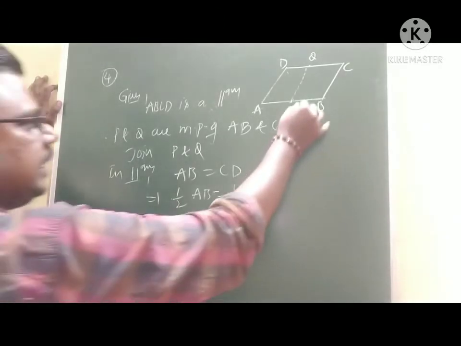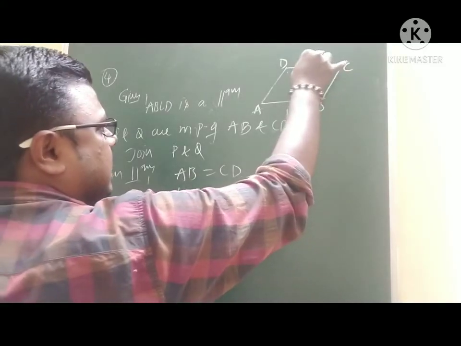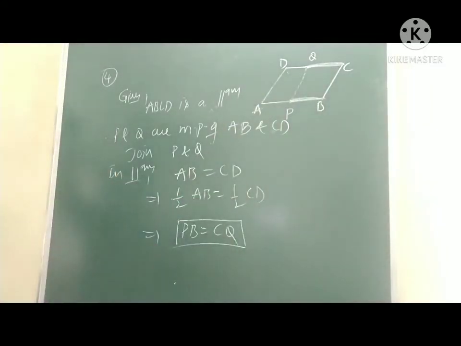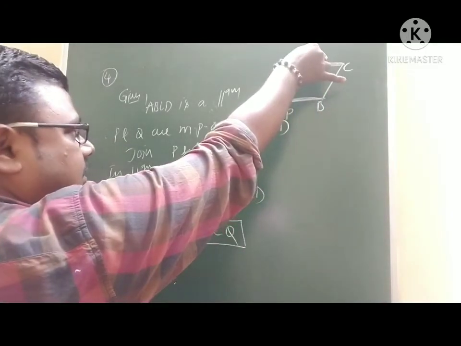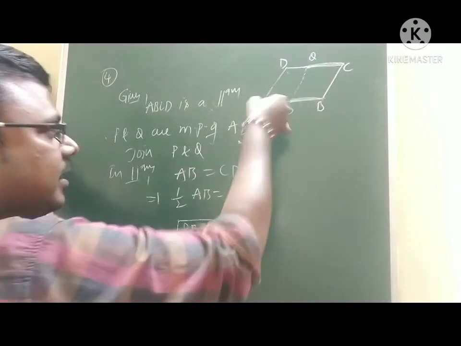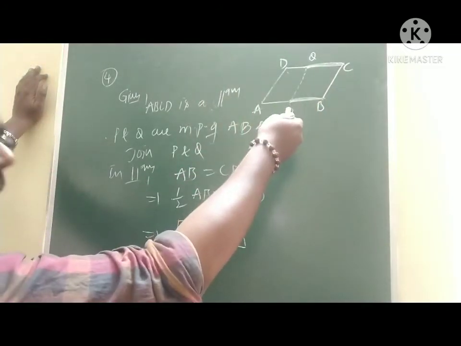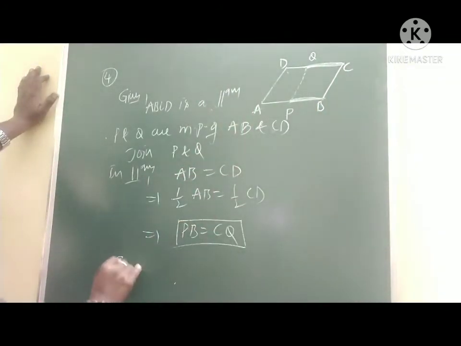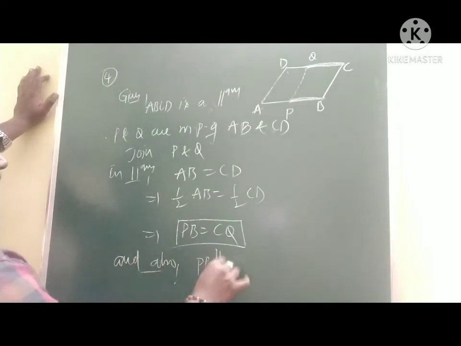If you observe clearly, this is PB and this is QC. So clearly PB is equal to QC, and P and Q are on the same lines AB and CD. Already AB and CD are equal and parallel. So definitely PB will be parallel to CQ.